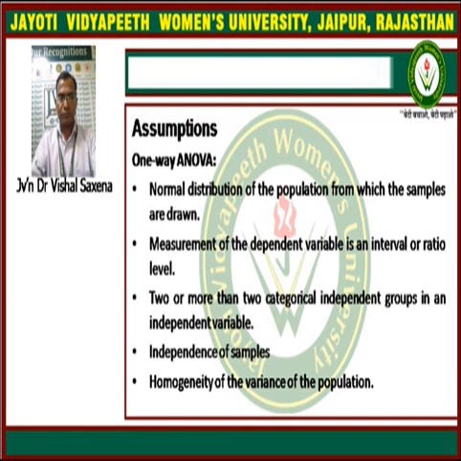Next is two or more categorical independent groups as the independent variable. And next is independence of the samples and homogeneity of the variance of the populations. Such assumptions should be taken for applying the one-way ANOVA test.